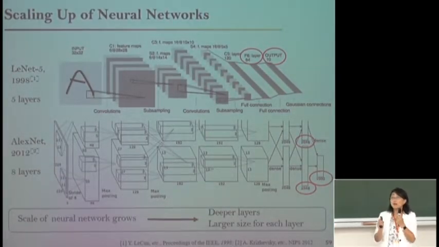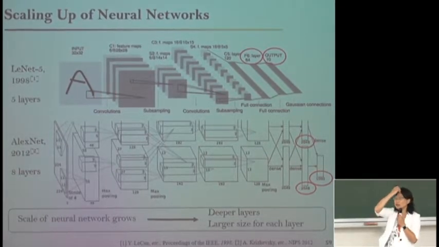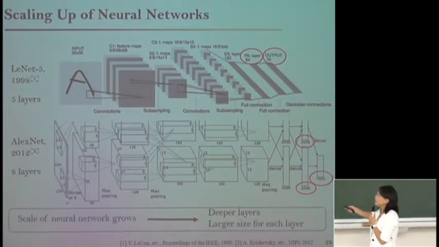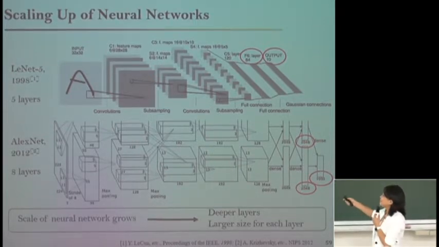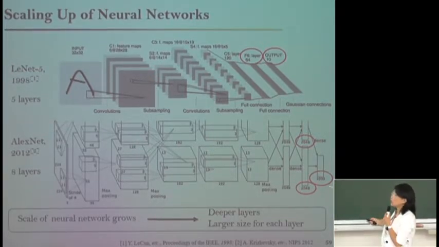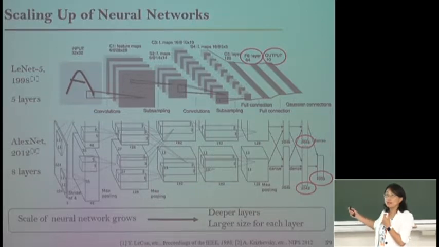The situation we face in memristor-based or algorithm-based neuromorphic design is that, from the system level, the network becomes larger and larger. When I talk about larger, it's not only more layers, but for each layer the size of the network grows really fast.